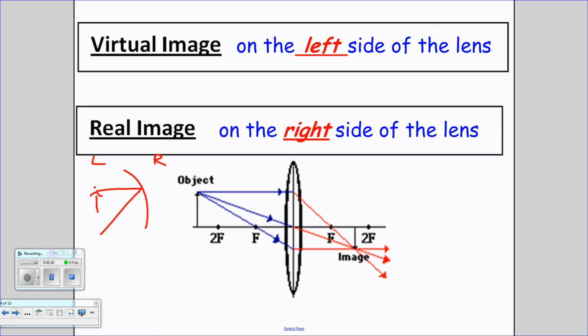So light truly stays on the left side. But for lenses, if light hits the lens, it's going to go right through it. It's really, truly going to do that. So the real images are where the light really, truly is. So in this case, it really, truly is on the right side.